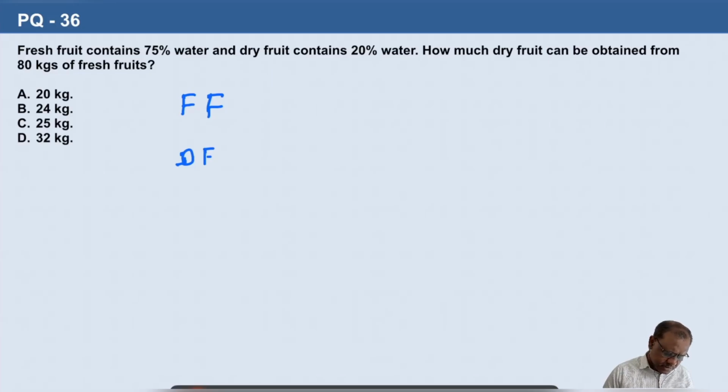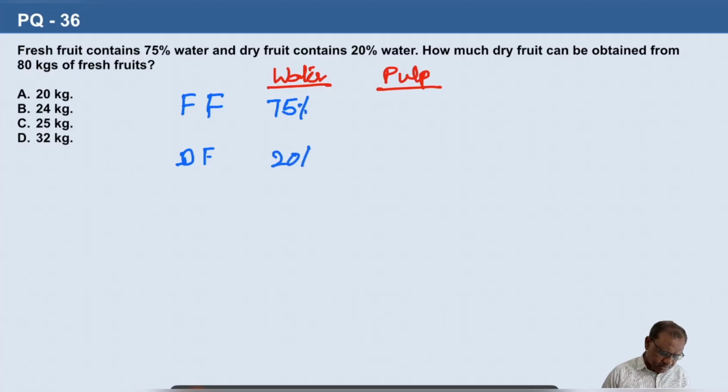There is water, and apart from water we have pulp in both types of fruits. So percentage of water is 75% here and dry fruit has 20% water.